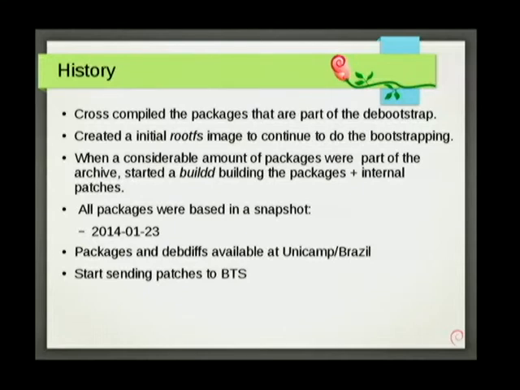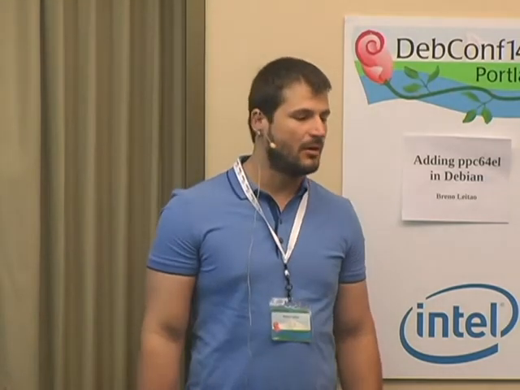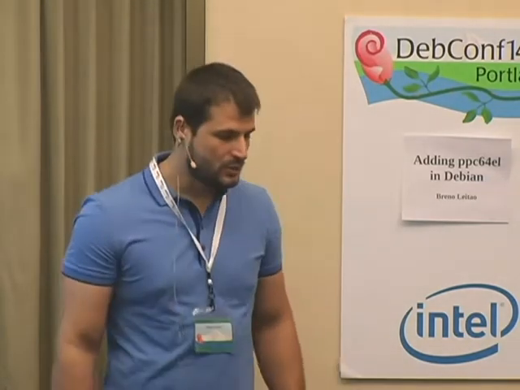Once we had that, we were able to export everything that we have to this university in Brazil, so it becomes public, so you can download the source code, or basically the debdiff and the package, and then we started sending all the patches to the BTS.